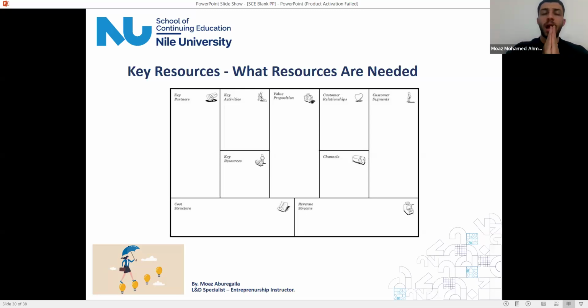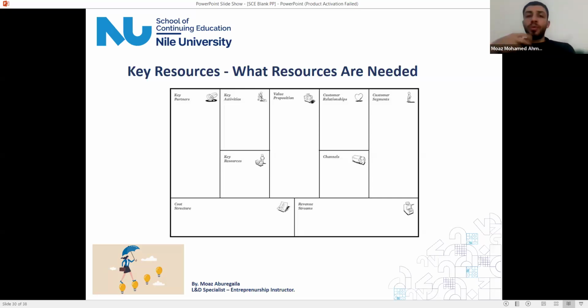So here I want you to think about what resources your business needs and which resources are most valuable to your success. Thinking about the resources is a way to help you.